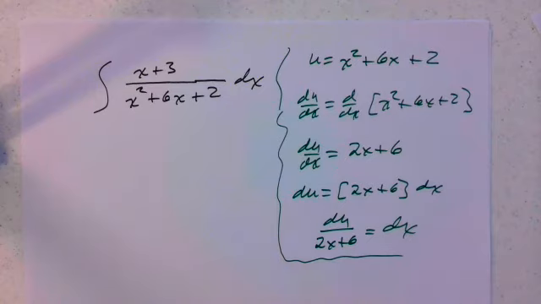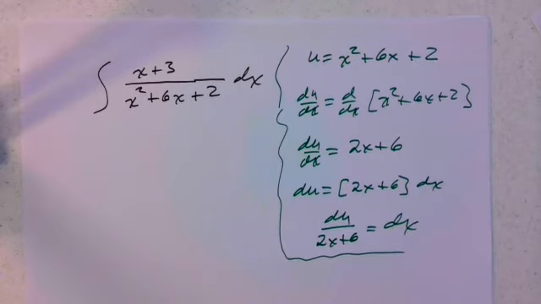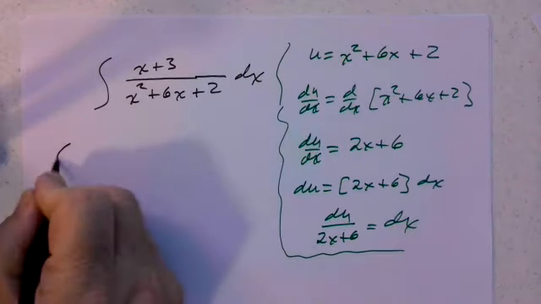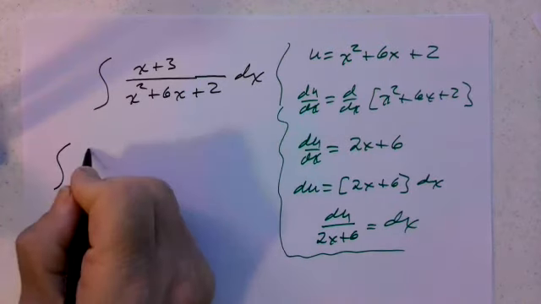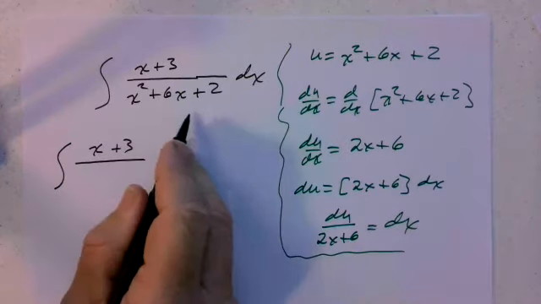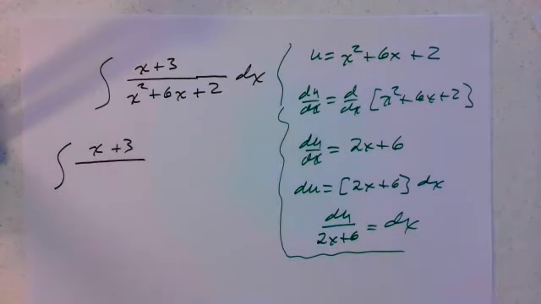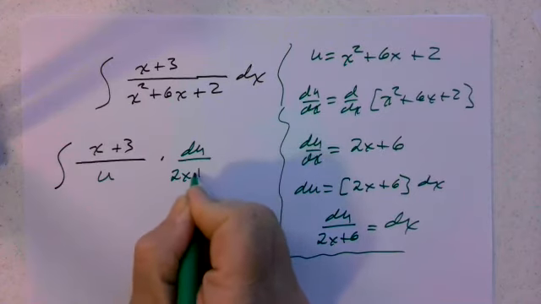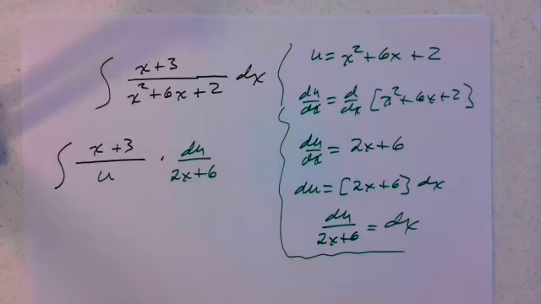But all of the x's have to go away if I'm going to use u substitution. That's our key idea here. So what happens? What do I get? I have the integral of x plus 3 over, now x squared plus 6x plus 2 is u, and dx is du over 2x plus 6. And you need to notice that we get cancellation.